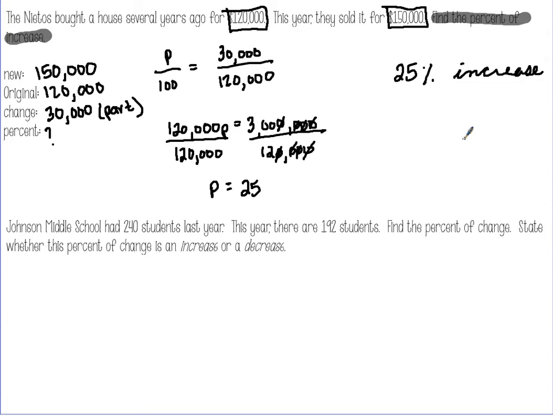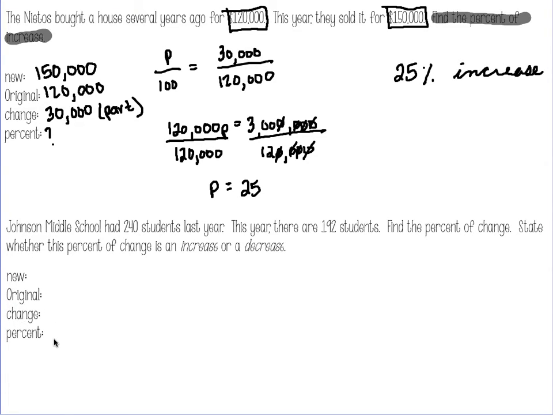The price increased by 25%, which went to a cost of $150,000. Again, if you can just rework this and remember that your change is your part and your original is your whole, you'll be in good shape. Okay, so again, now we're going to look at what happens when the price goes down.